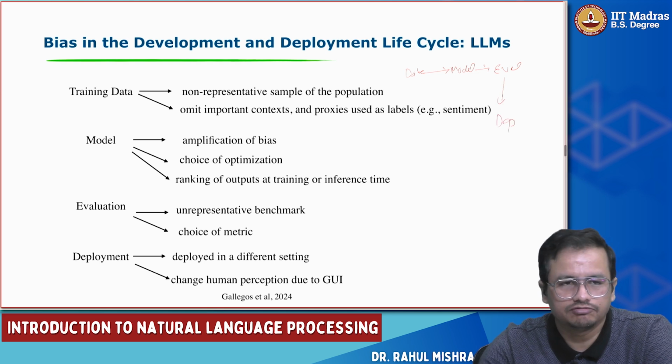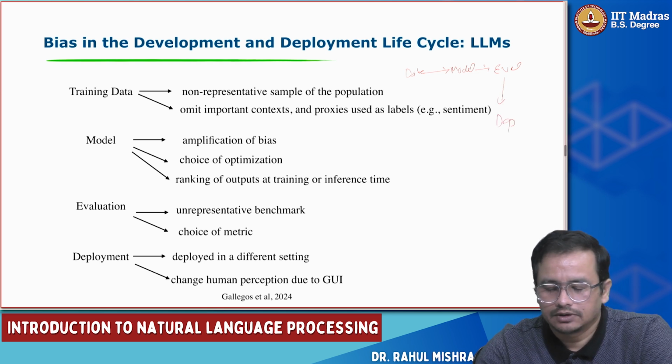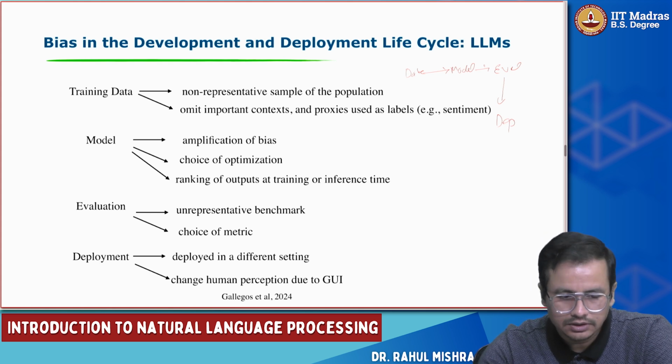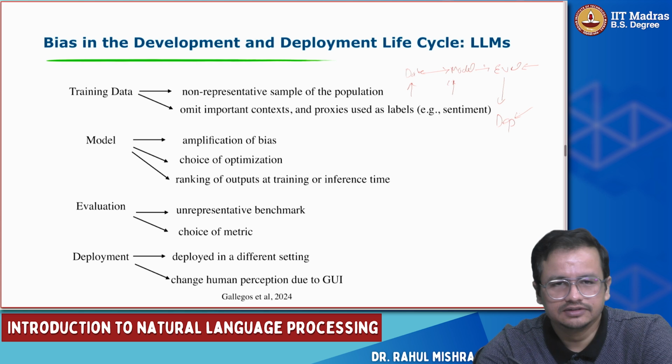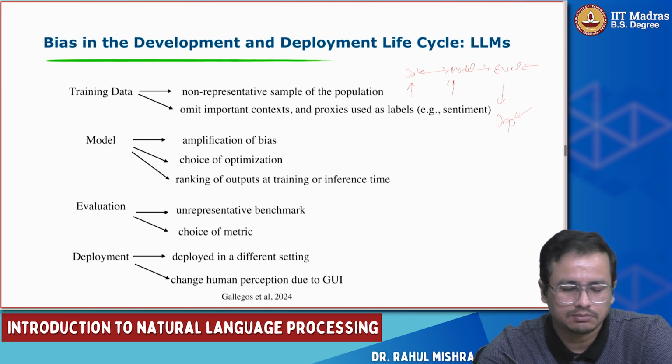So that's the overall flow of the machine learning or NLP pipeline. So the bias can be at any stage. It can be at the data set stage, at the model stage, or at the evaluation or deployment stage, right? This is also a very important factor to learn about.